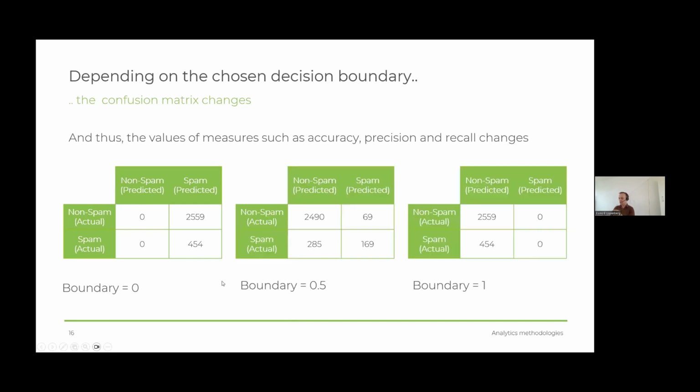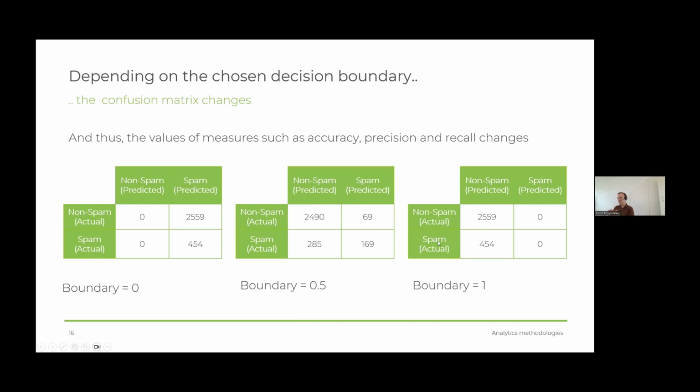Then, of course, the other way around, if you would set your boundary at 1, then your model needs to be more than 100% sure that something is spam before it classifies it as spam. Therefore, it will never assign the positive label. And if you put the 0.5 here, that's somewhere in between.